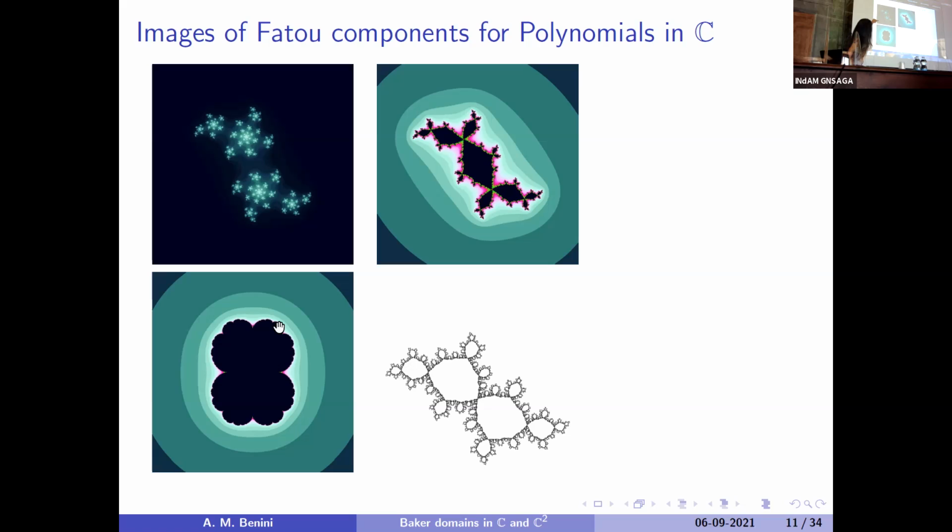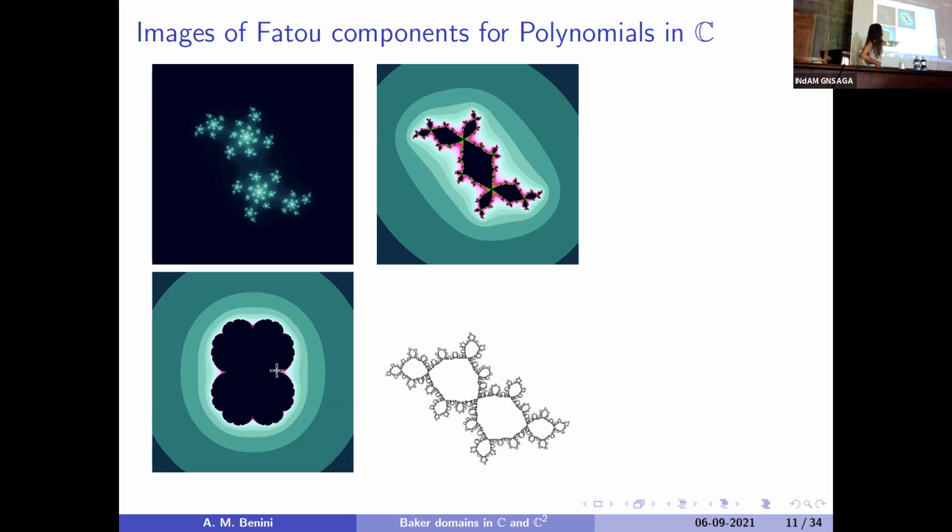Your attracting basin of infinity, your unique, possibly existing, escaping Fatou component, is a disk minus the Cantor set formed by these targets. In this example, this is a parabolic basin. The parabolic point will be here, and points will move towards these parabolic points following some very peculiar dynamics.